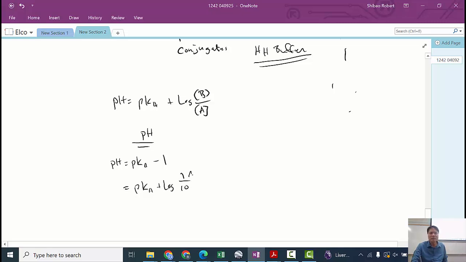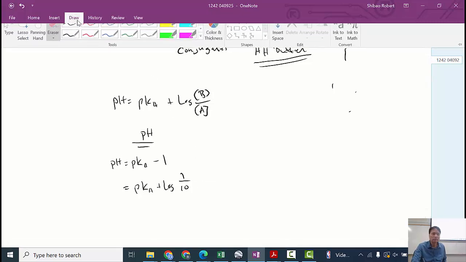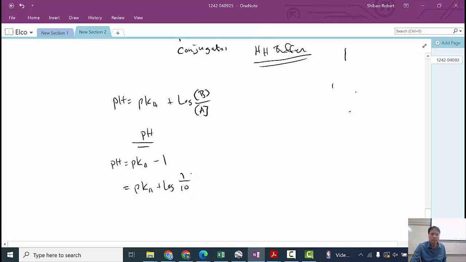So that's 1 part base, 10 parts acid. Sorry, I had that wrong at first. So in this case, acid color dominates.